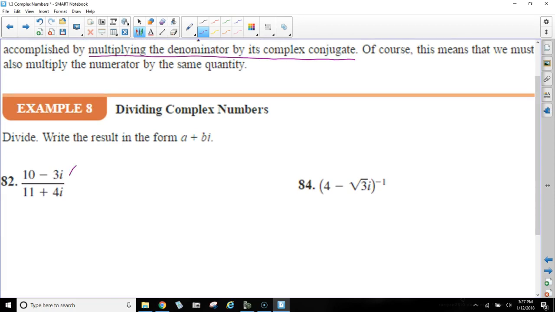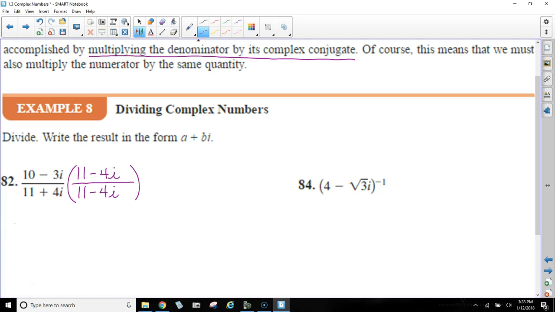Taking this problem, we're going to multiply by a form of 1. We're going to do the same thing to the top as we do on the bottom. And that form of 1 is going to be the denominator's conjugate. So the denominator is 11 plus 4i. Its conjugate is 11 minus 4i. So we're going to multiply both the numerator and the denominator by the denominator's conjugate. That is how we're going to divide complex numbers.